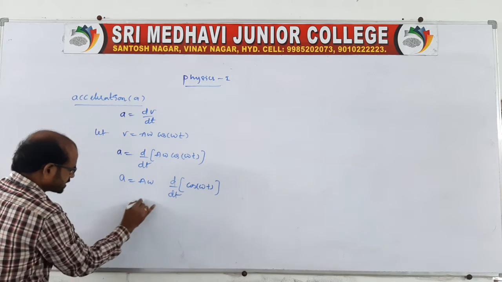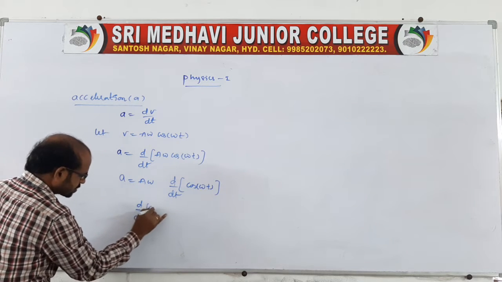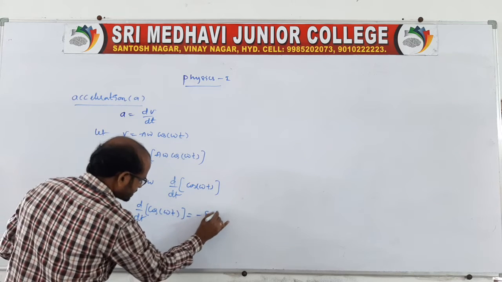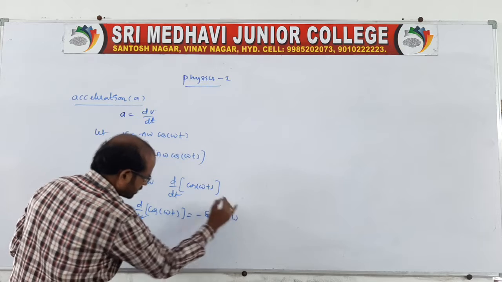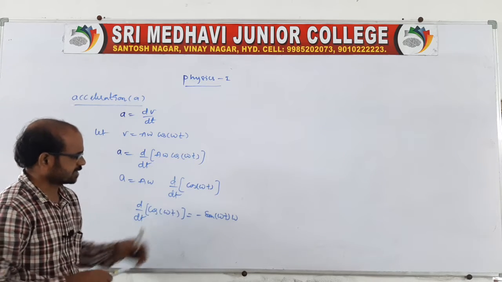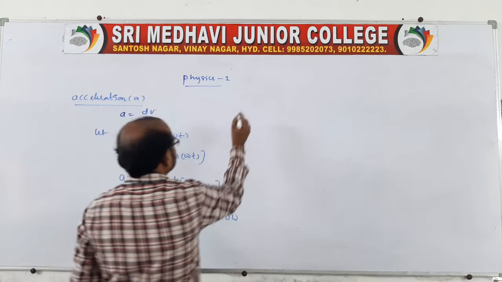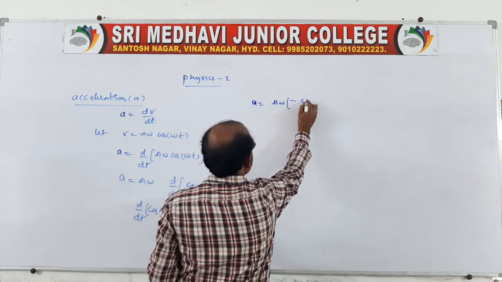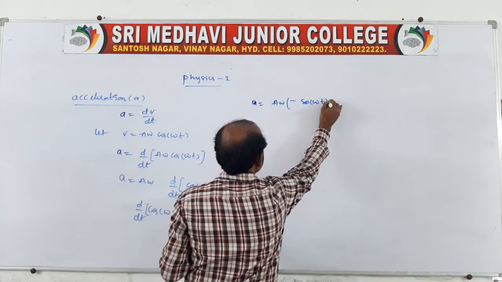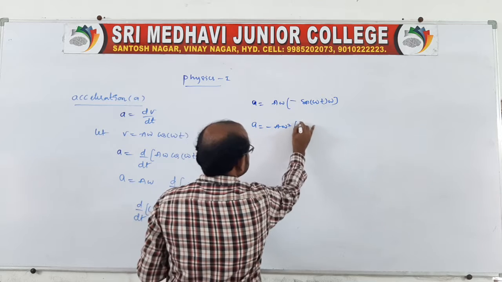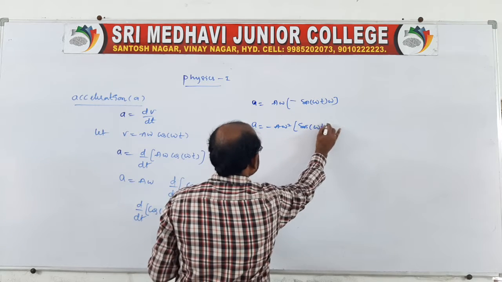The differentiation of cos omega t will be minus sin omega t times omega. Therefore we get the acceleration as A omega times minus sin omega t times omega, so that minus A omega square sin omega t.